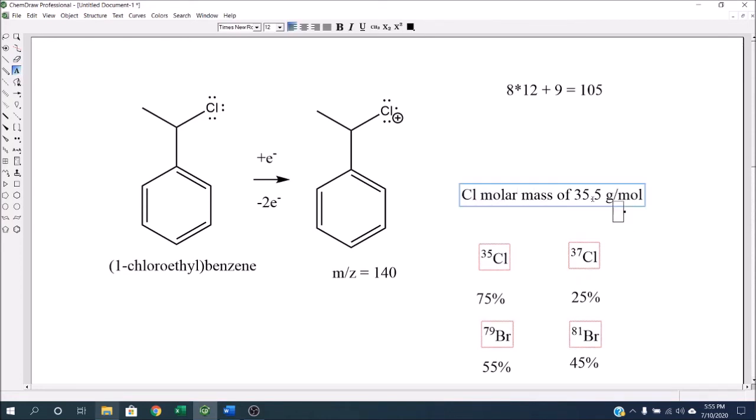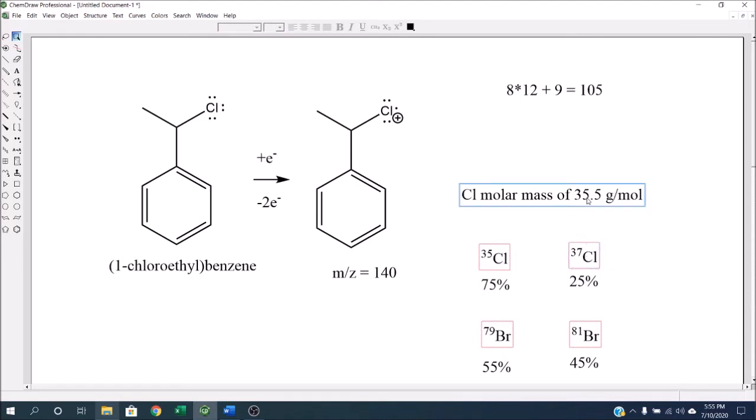And what that shows us is that the average mass is halfway between 35 and 36. That's because the two most common isotopes of chlorine are chlorine-35, which has a molar mass of approximately 35, and chlorine-37, which has a molar mass of approximately 37.